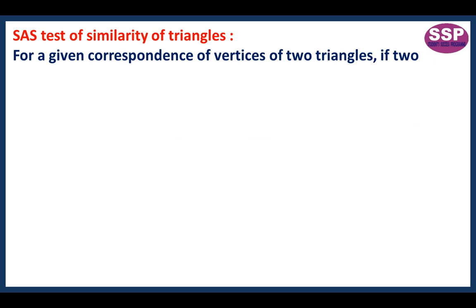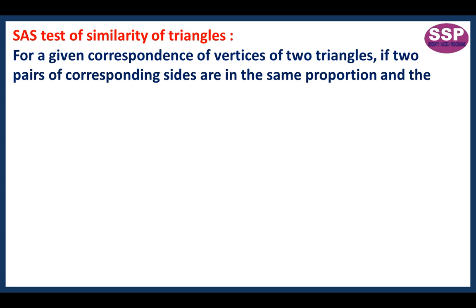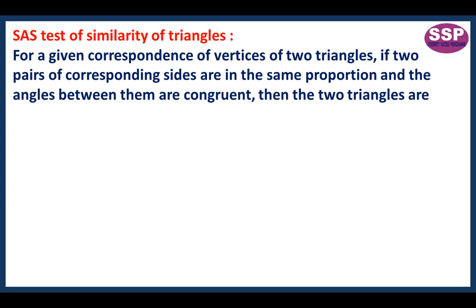Next test, SAS test. That means side angle side test of similarity of triangles. For a given correspondence of vertices of two triangles, if two pairs of corresponding sides are in the same proportion and the angles between them are congruent, then the two triangles are similar.